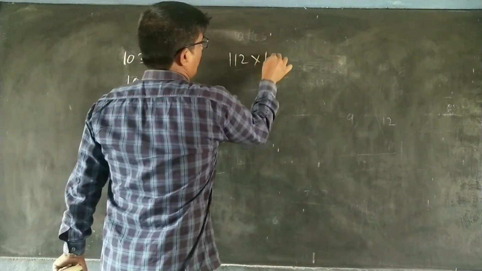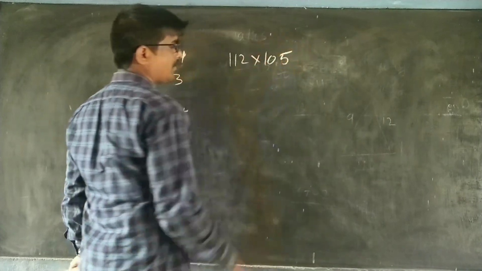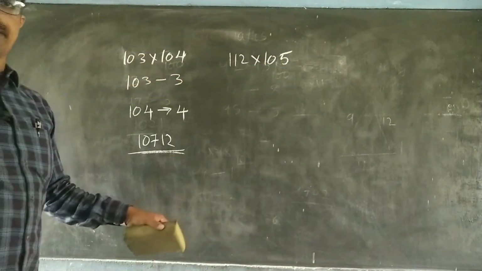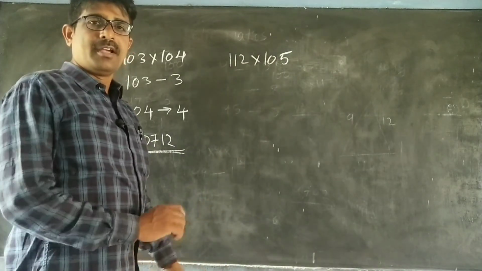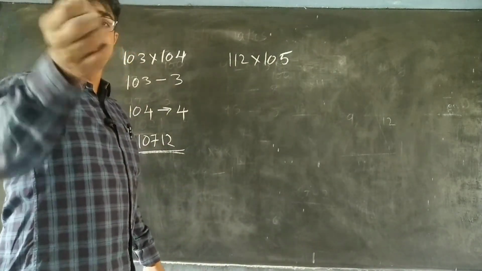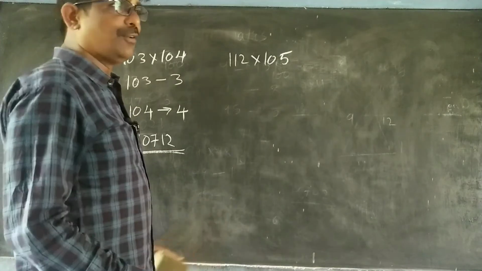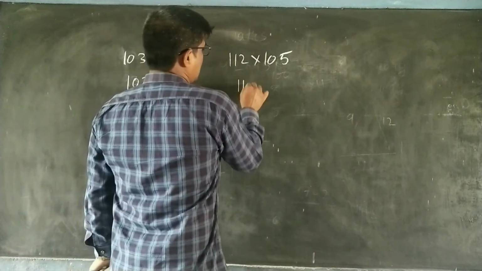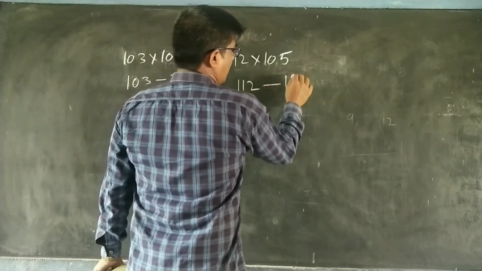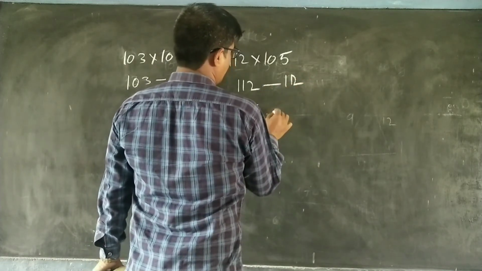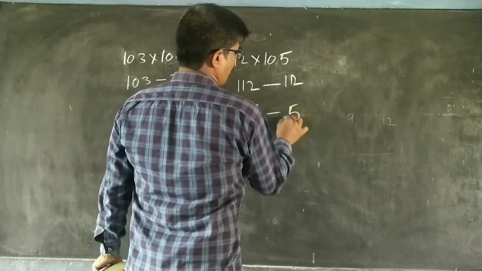For example, another one: 112 into 105. They are nearer to 100. Whenever you are solving a problem and this situation comes, you can solve it very easily compared to your friends, and then we get good claps. 112 and 105: the base is 12 above or 5 above.